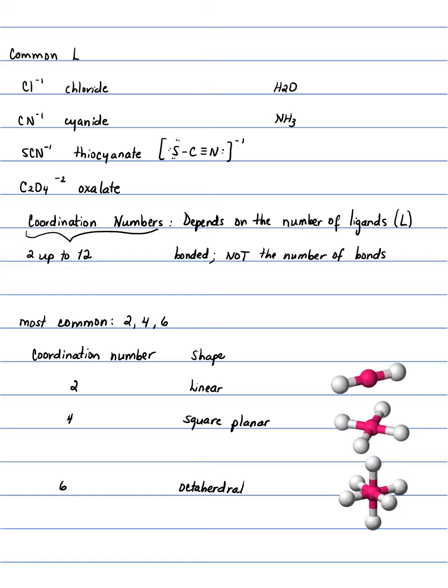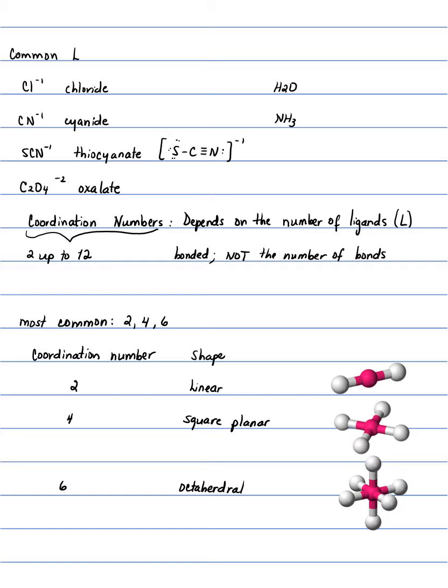So we have a list of most common coordination numbers, 2, 4, or 6. All of this is very general because we're going to focus on those octahedral complexes at the end. Those are the ones that we're actually going to be looking at, the properties, how the electrons are moving around those coordination compounds, in which orbitals, and all of that.